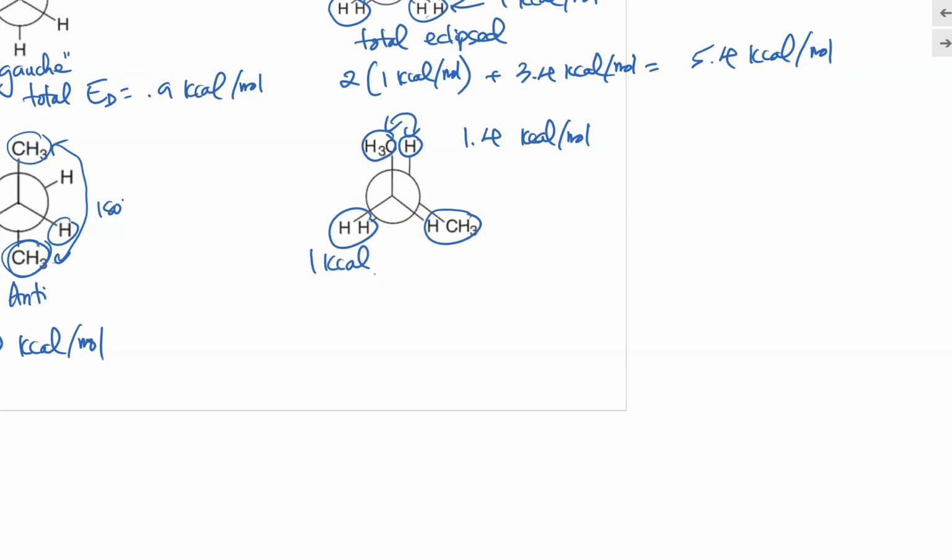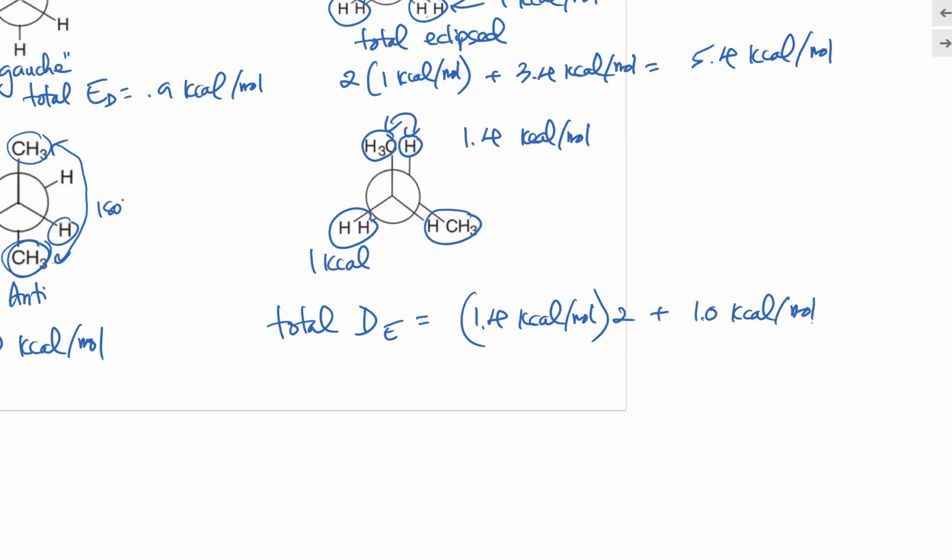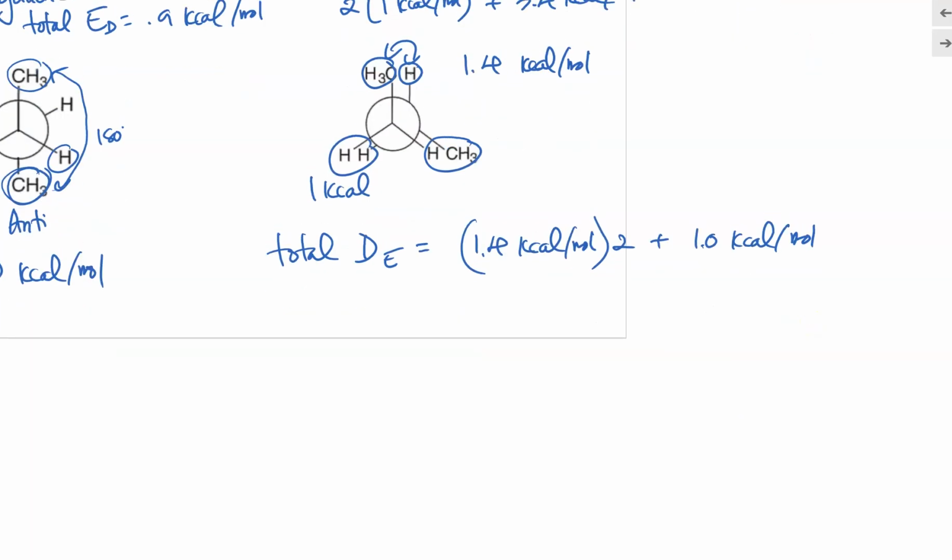So when we add all of this together, the total destabilizing energy for this eclipsing conformation would equal 1.4 kilocal for the eclipsing hydrogen and the CH3 group, and we have 2 of these, plus the 1.0 kilocal per mole for the eclipsing hydrogens. Adding together, this equals 3.8 kilocal per mole.